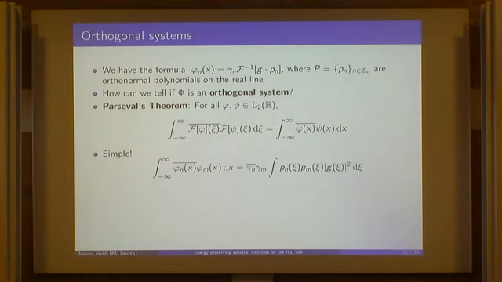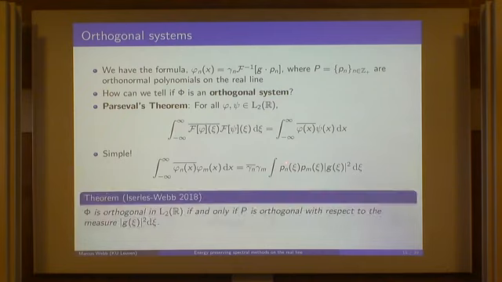So if our new basis phi m is just the Fourier transform of some weighted orthogonal polynomials, then the inner product is preserved. So these phi m's are orthogonal if and only if the Pn's are orthogonal with respect to g squared. So our characterization also made it really easy to tell whether it was going to be orthogonal or not.